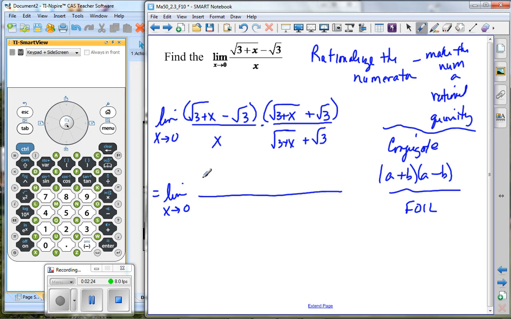So the first terms are going to be 3 plus x. The square root times the square root, or the square of the square root, is just 3 plus x, minus the square root of 3 times the square root of 3, which is going to be 3, divided by x times the square root of 3 plus x plus the square root of 3.